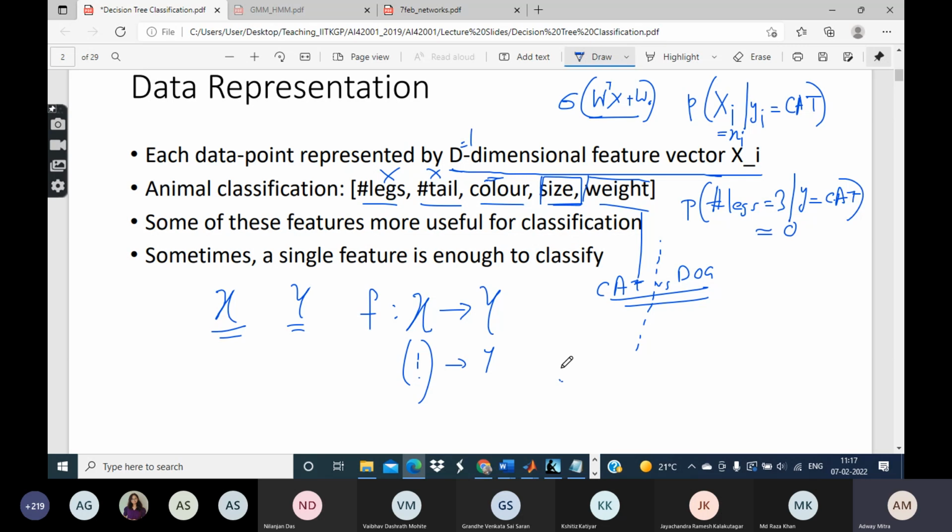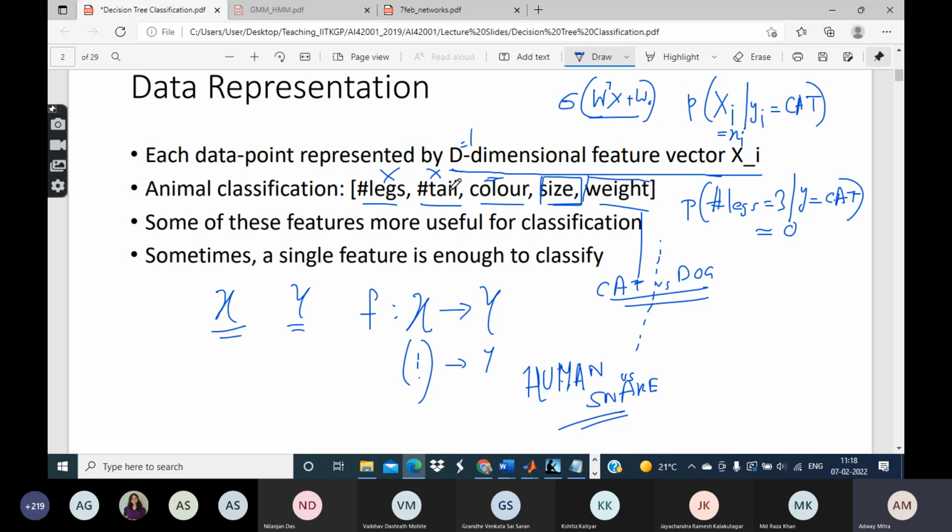So for example, if I am doing a human versus snake classification, then the number of legs and number of tails will definitely be useful features, right? So we cannot always say which features are important and which are not.